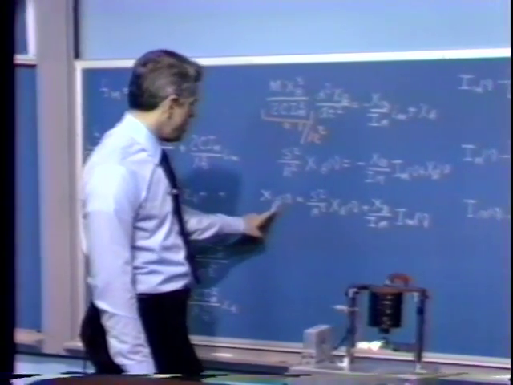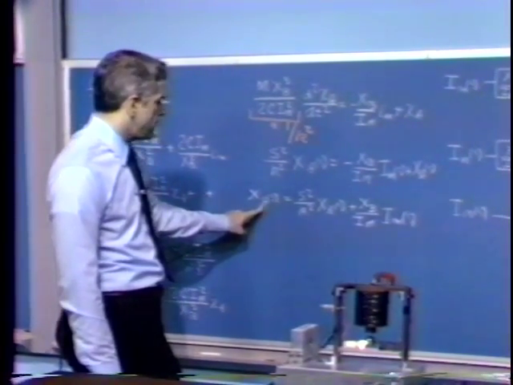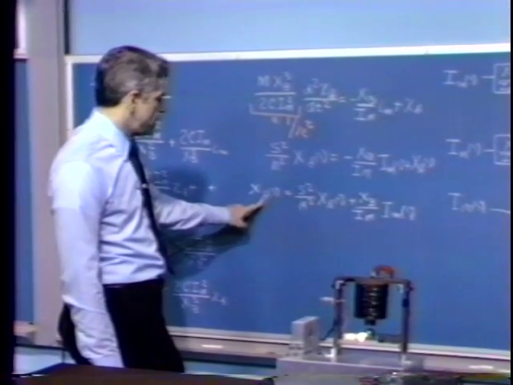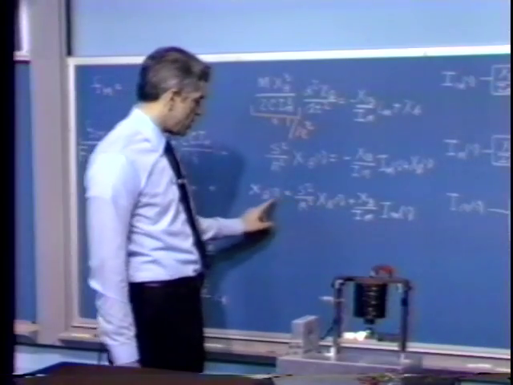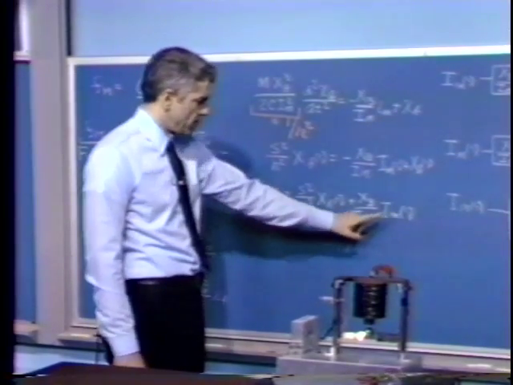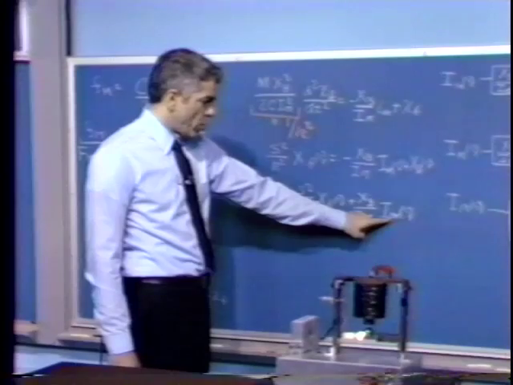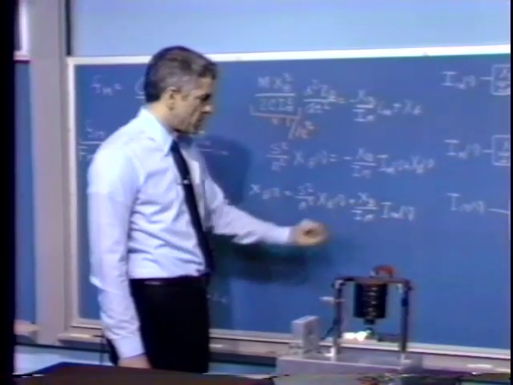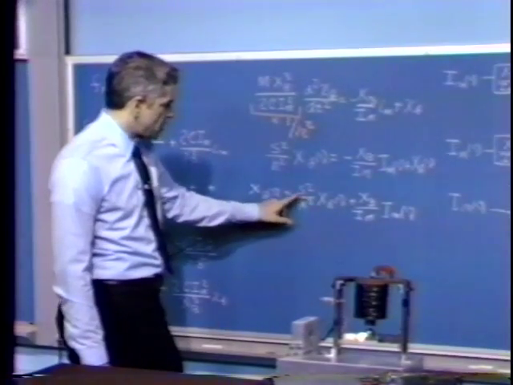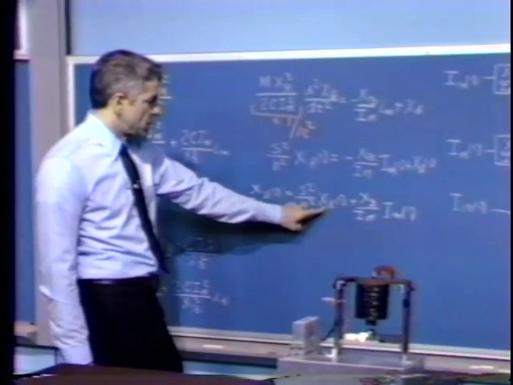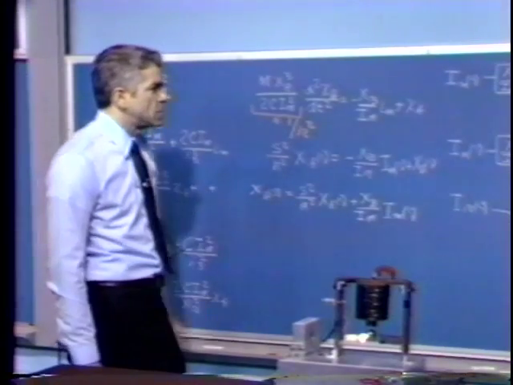We're going to solve for x sub b. And we notice that x sub b is a linear combination now of two terms. One is proportional to the magnet current, with a constant proportionality being x_b over I_m, as well as a constant proportionality times the second derivative of x sub b.